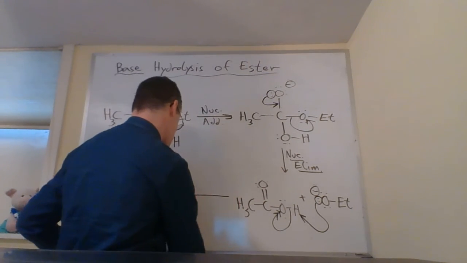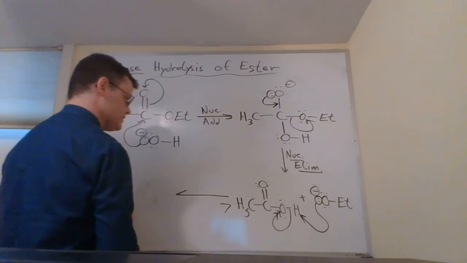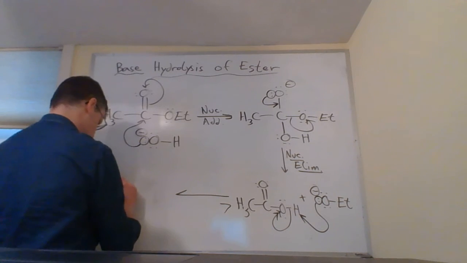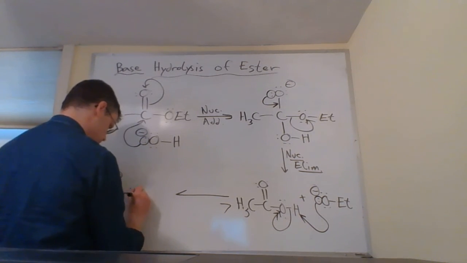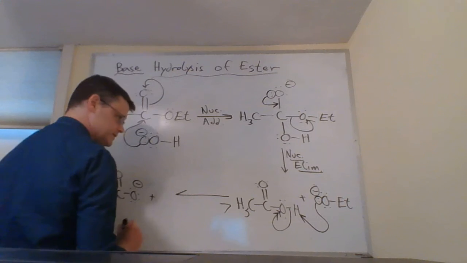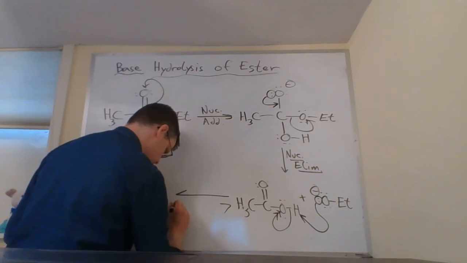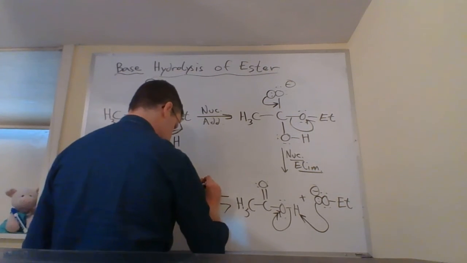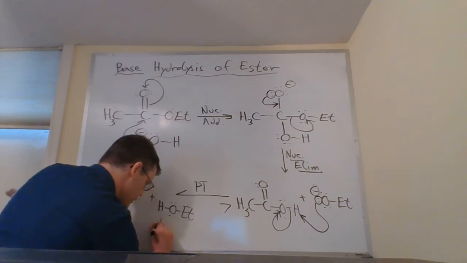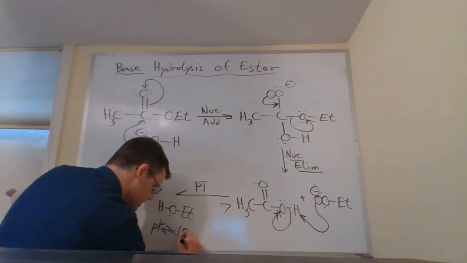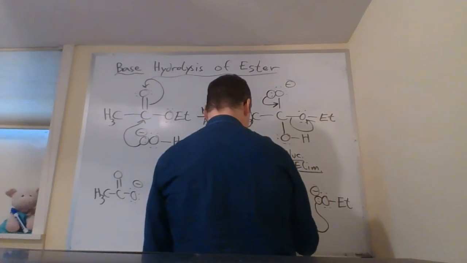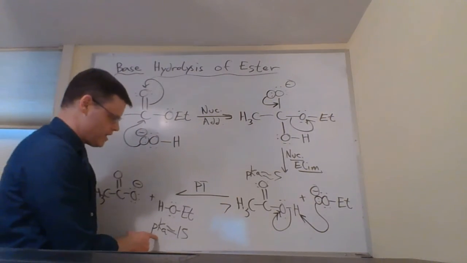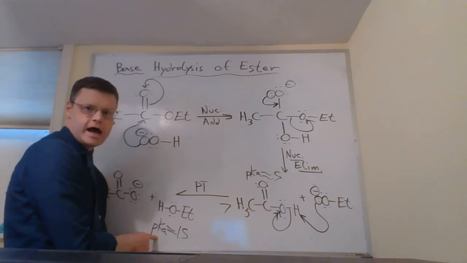The equilibrium is going to favor this direction, and we get this acetate ion plus ethanol. Just as a review of why that happens, this is a proton transfer. This has a pKa about equal to 15. This has a pKa about equal to 5. This equilibrium favors the weaker acid.